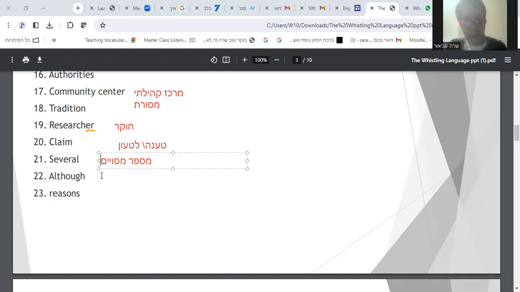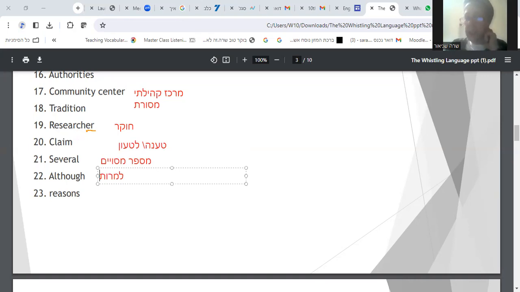Next, although, and that's an important word because we see it. It's a connector, and it means that it changes what came before. So, although she considered herself a simple person, the things she did were outstanding.